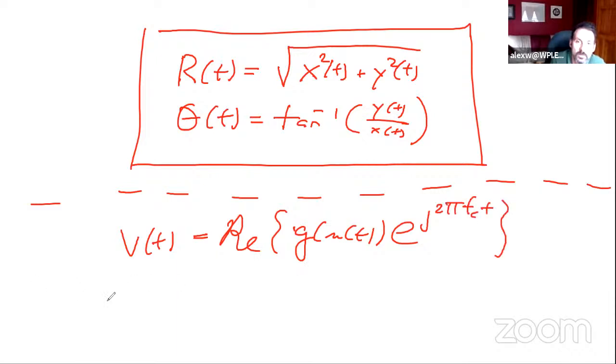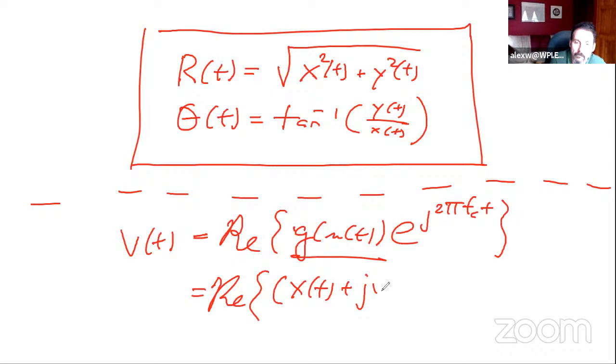Let's say we first do the IQ approach. So we replace the mapping. All right, Euler.